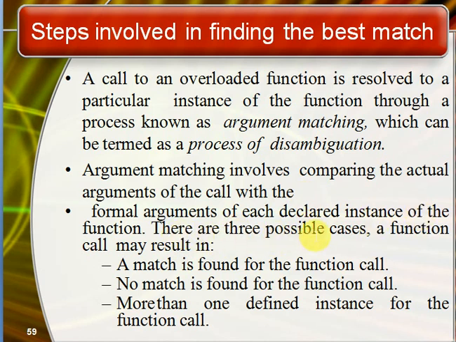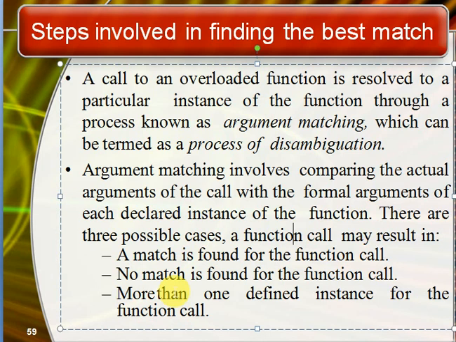There are three possible cases a function call may result in: a match is found for the function call; no match is found for the function call; more than one defined instance matches the function call. Now let us discuss the details of these three cases one by one.